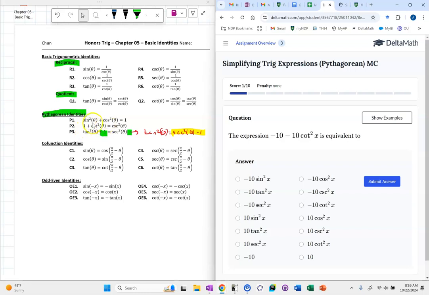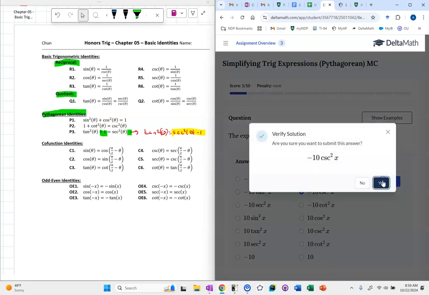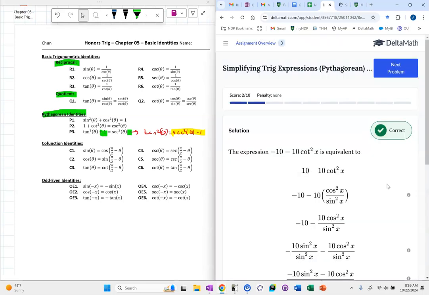Again, when I see addition or subtraction, I'm going to look at the Pythagoreans. 1 plus cotangent squared is cosecant squared. So I'm going to have that negative 10 that I factored to the front times cosecant squared. That's one of my options, so I'll hit submit.